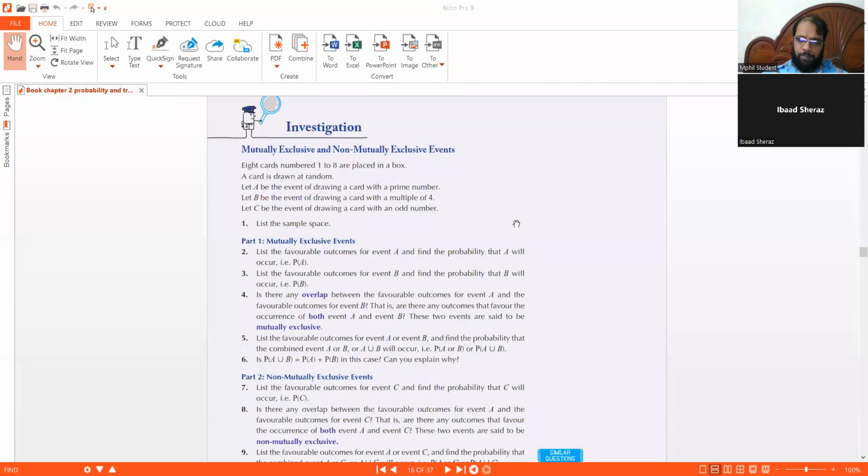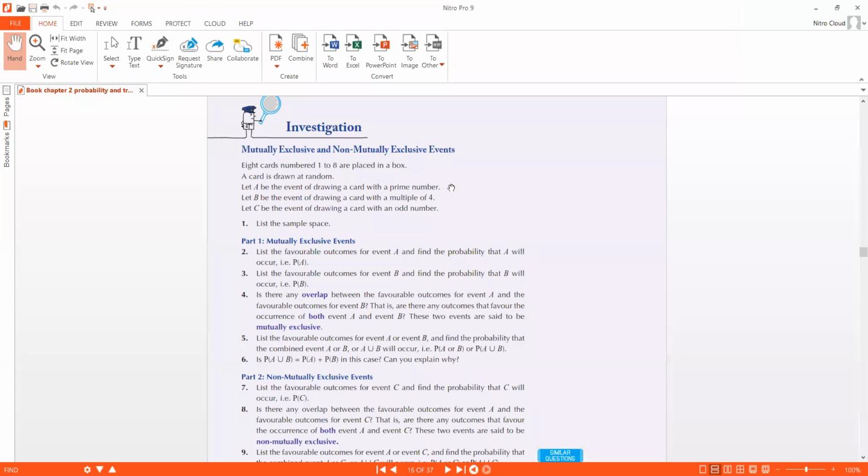There are two types of questions available in the probability. Two types of concepts are available basically. One is with replacement and the other one is without replacement. What does with replacement mean?